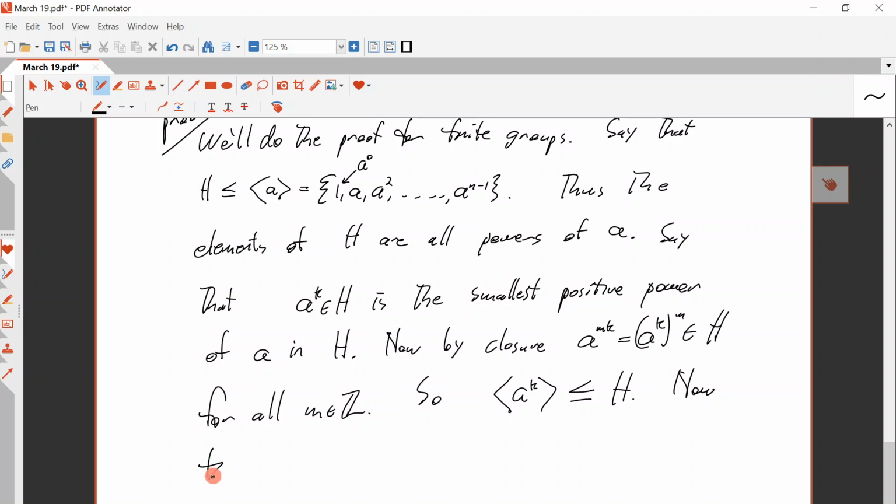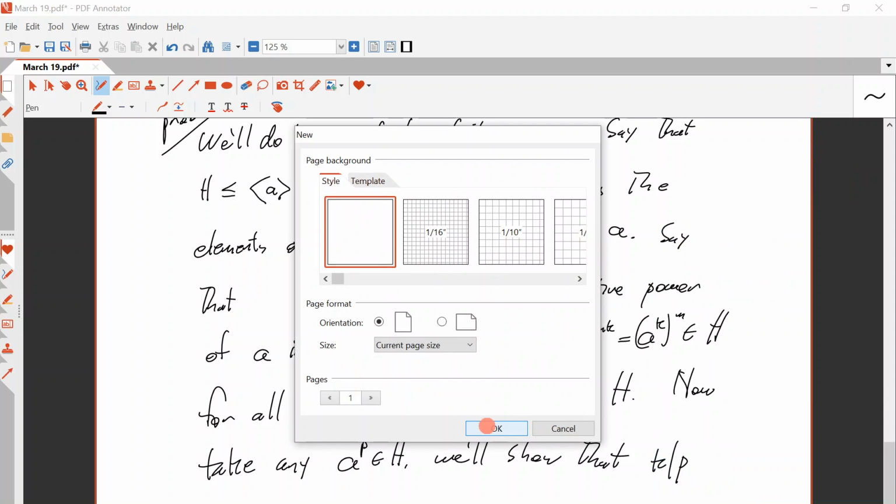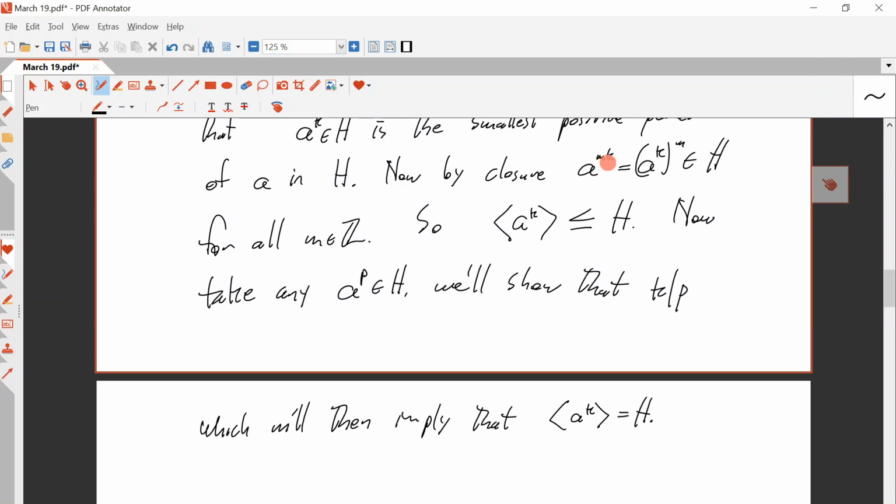So now take any other A^p in H. We'll show that k divides p, which will then imply that the subgroup generated by A^k actually equals H. So the powers of A^k, which are A^(mk), are the powers of A that are multiples of k.